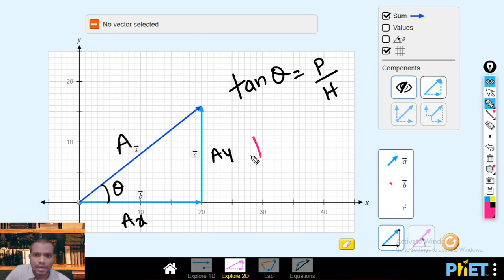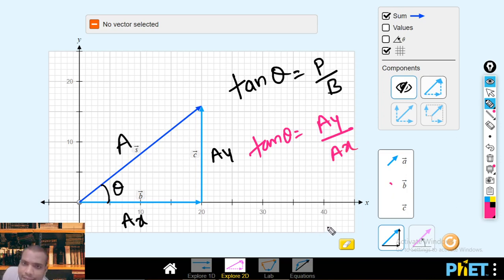Now tan theta, here perpendicular value equal to how much? Ay. Only magnitude we have to take. And hypotenuse, sorry, it's perpendicular by base. I was supposed to write here it is base. And here the base value equal to ax.